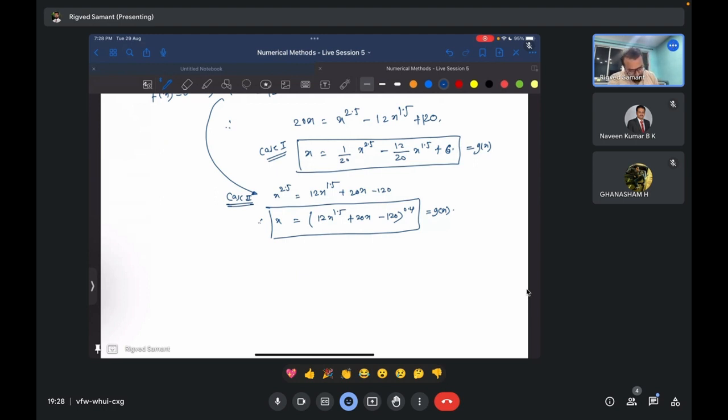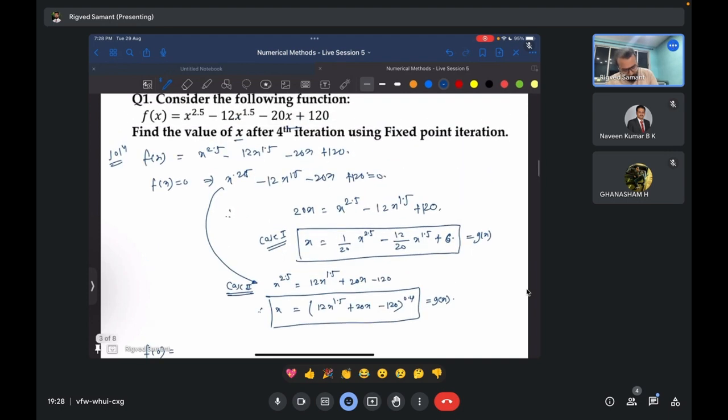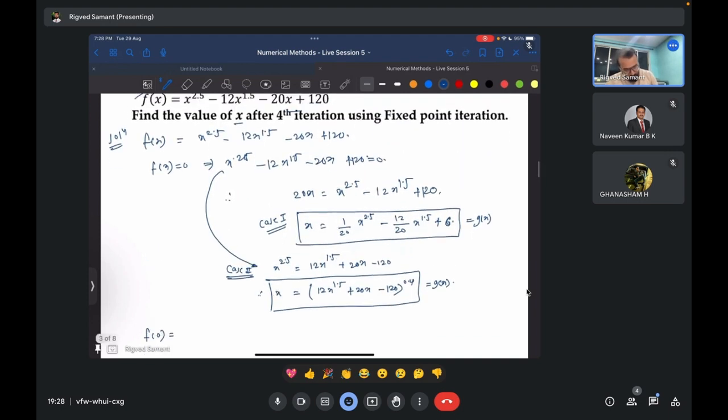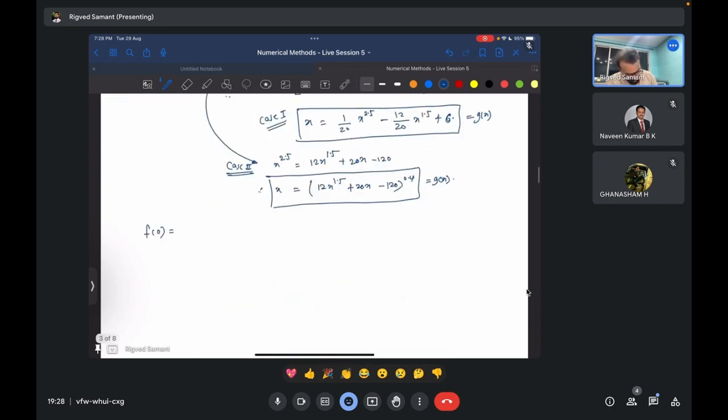So first we put f of 0 in the equation. f of 0 would be 0 minus 0 plus 120, that is 120.